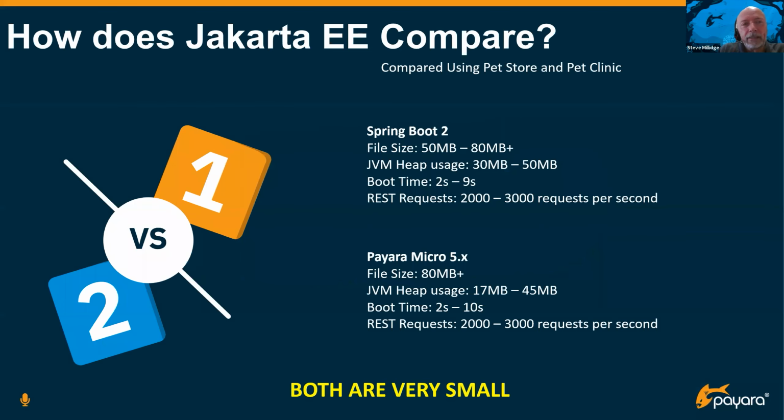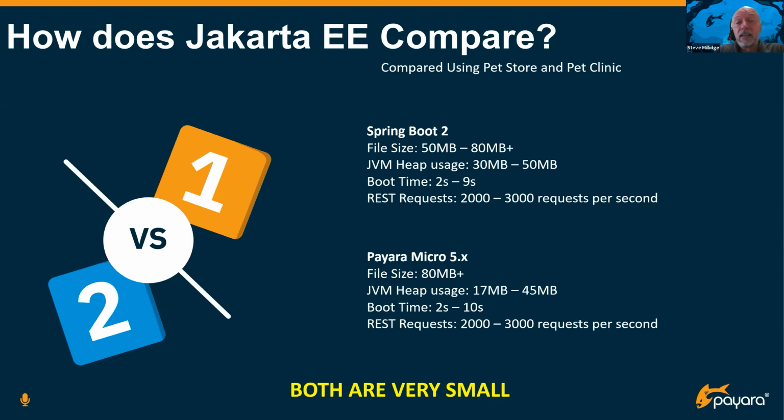The first is we compared how a Jakarta EE application would compare to a Spring Boot 2 application as much as we could, because these are obviously slightly different things. So we took the pet store application and the pet clinic application, and compared packaging these all up into a fat jar in the case of Payara Micro and Spring Boot, and what size they were, what their memory usage was and things like that.